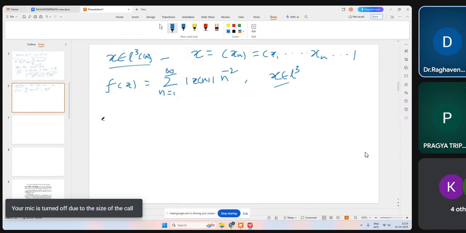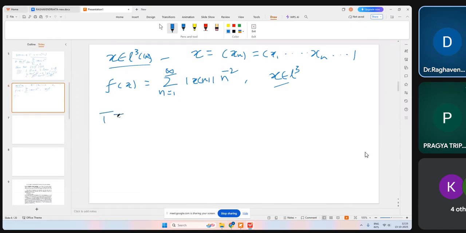What you have to show is that f is in L3 star. You write it like this, no?